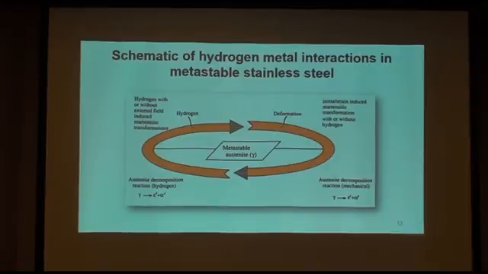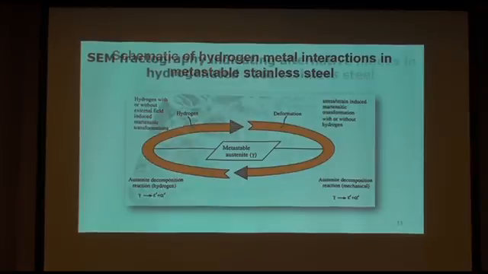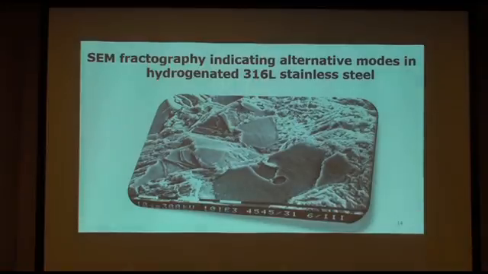And you will see here that altogether, although it's not a single crystal, we are facing similar modes that we see in the single crystal. For example, here is a polycrystalline material, and in this polycrystalline material you see grains in particular directions that are facing cleavage.